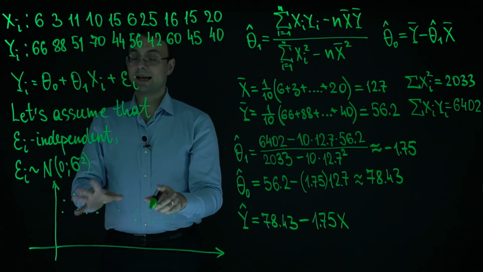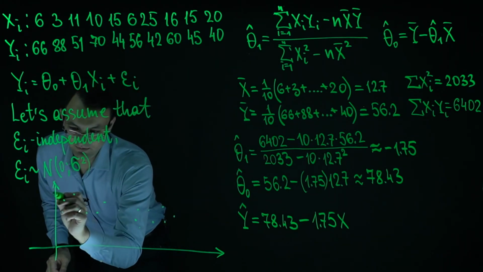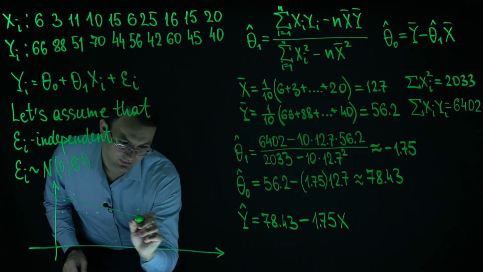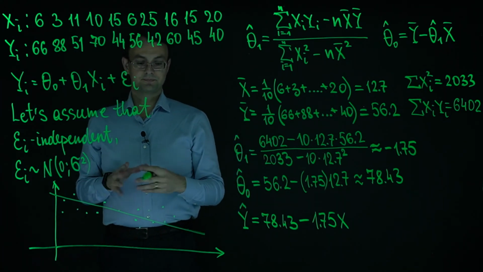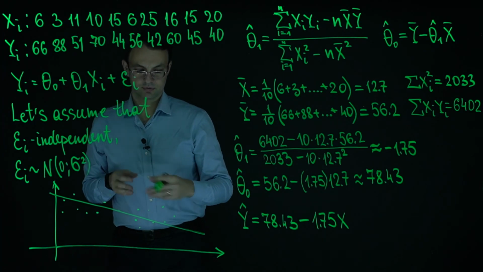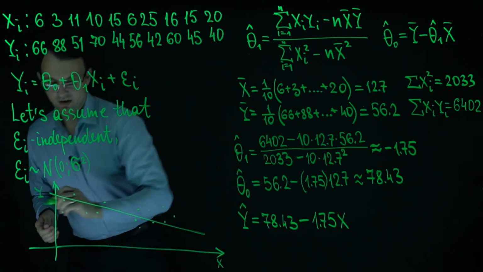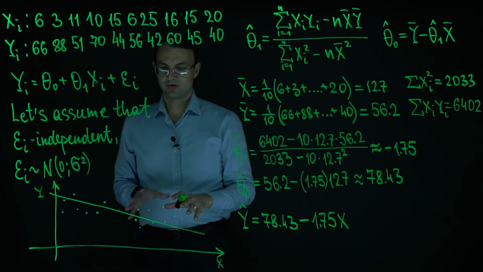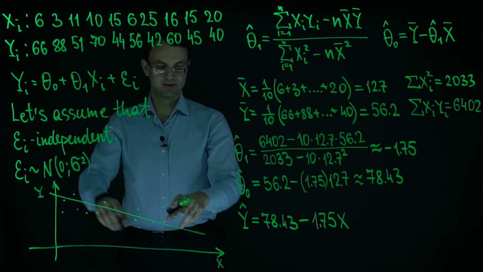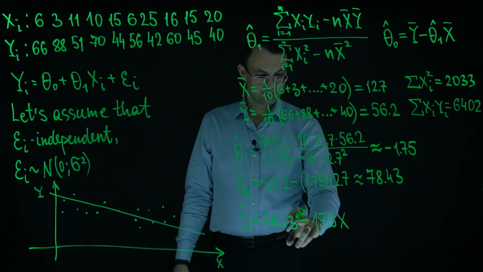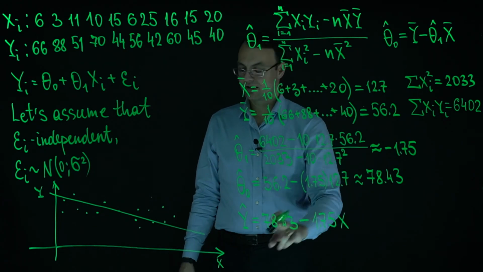This is not the accurate graph of these 10 points, just an illustration of approximately how it looks. There are 10 points and there is a line. We see that the slope is negative, so the coefficient at x is negative.